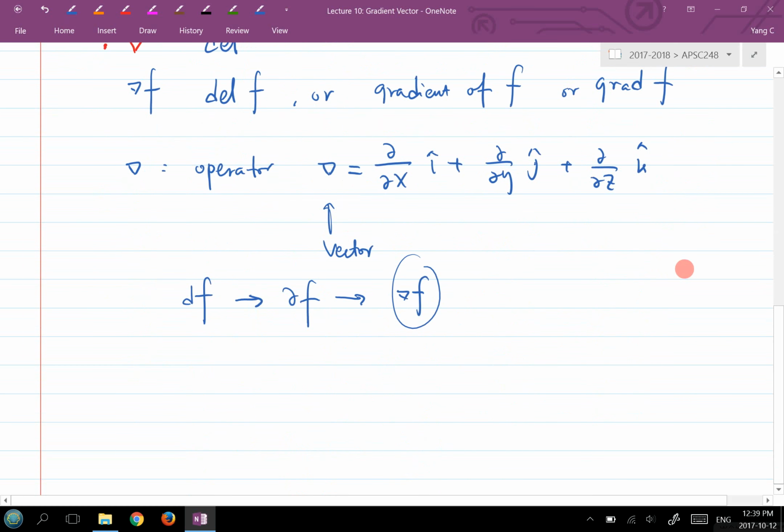Before we move ahead, one more note on the operator here. The derivative is an operator, and I should emphasize it's a linear operator. So what are the properties of a linear operator?